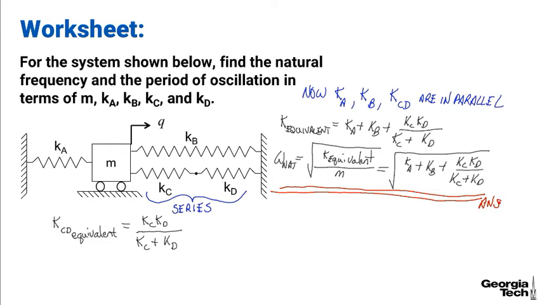And then to find the period of oscillation, it's given the symbol tau, and it's 2 pi over omega natural.